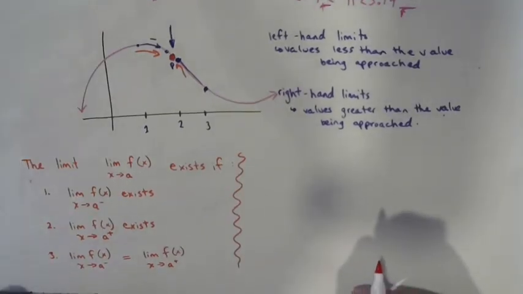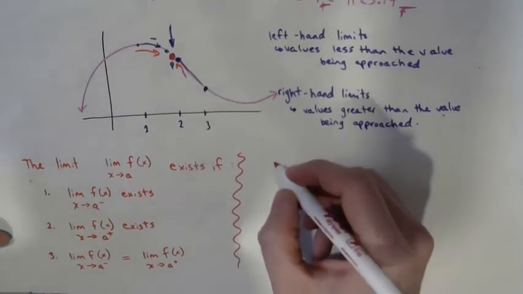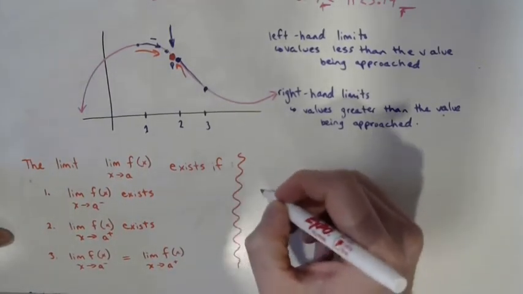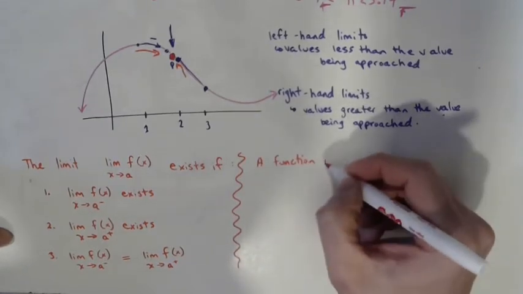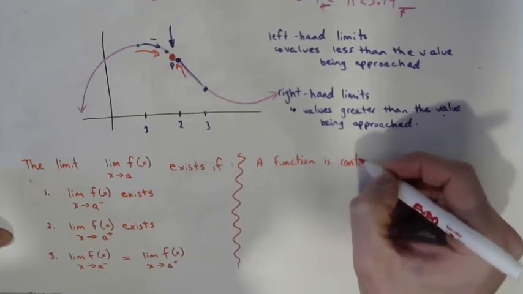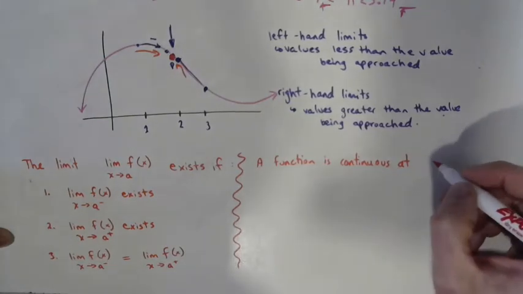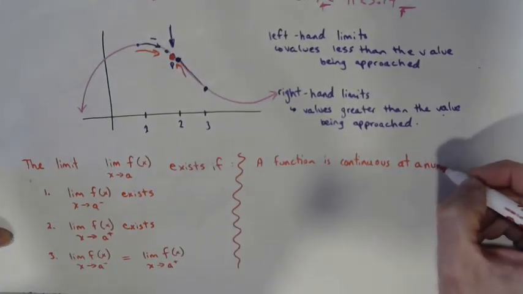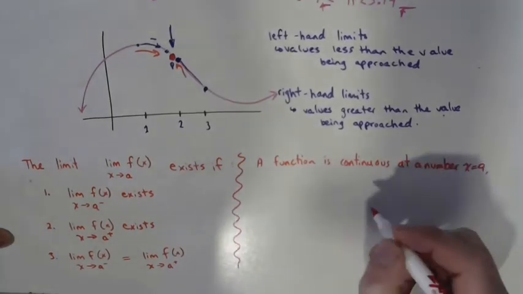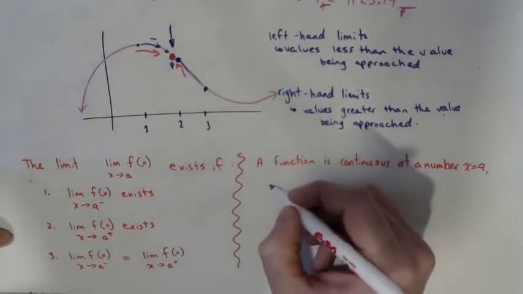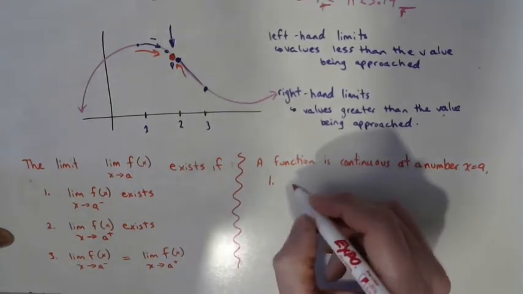So the function then also needs to be continuous at the number that we're working with. So we're going to write another little definition here. A function is continuous at a number, let's say x equals a, if the following three conditions are satisfied.